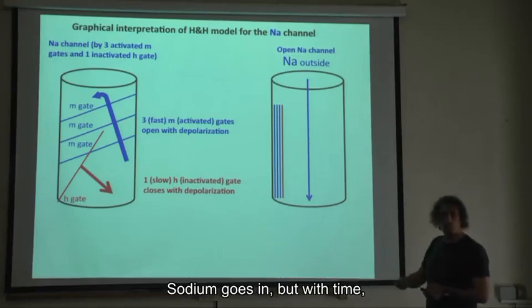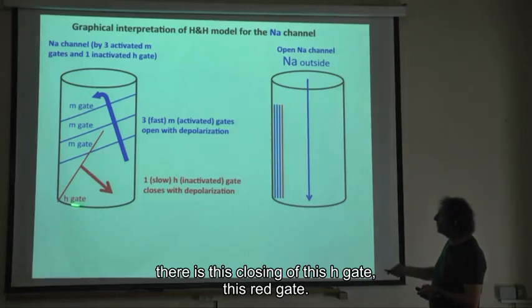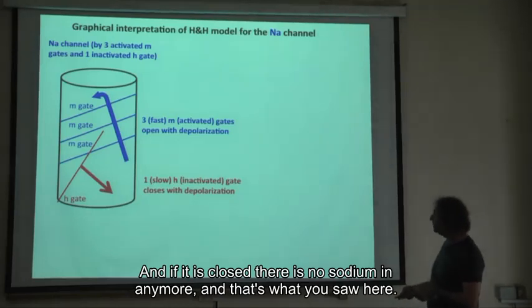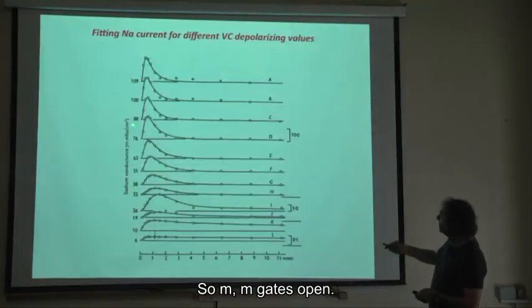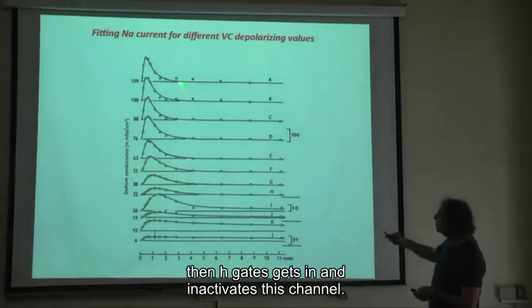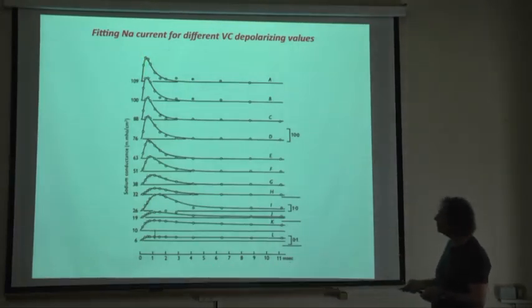But with time, there is this closing of this H gate, this red gate, and if it is closed, there is no sodium in anymore. And that's what you saw here. So M gates open, there is fast inward sodium, and then the H gate gets in and inactivates this channel.